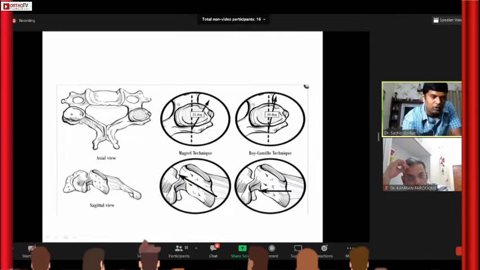The mediolateral trajectory will actually be guided by the direction of your lamina. So when you do put your probe, it will somehow touch the spinous process of the inferior vertebra. So that will also guide your optimal lateral trajectory.